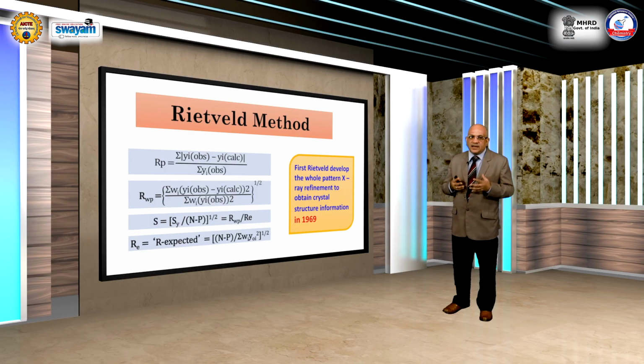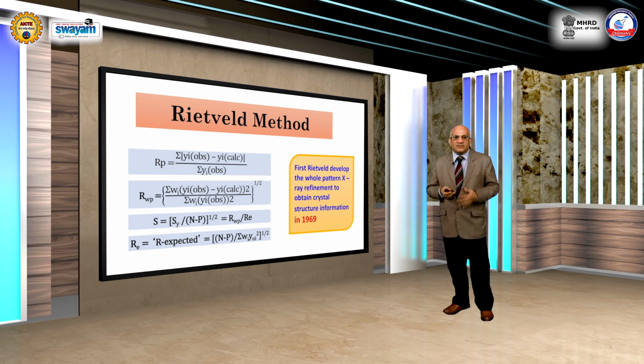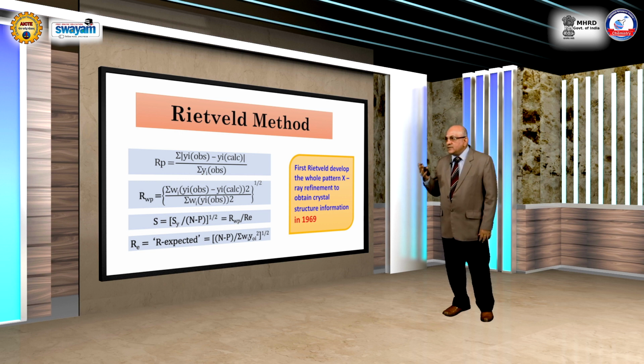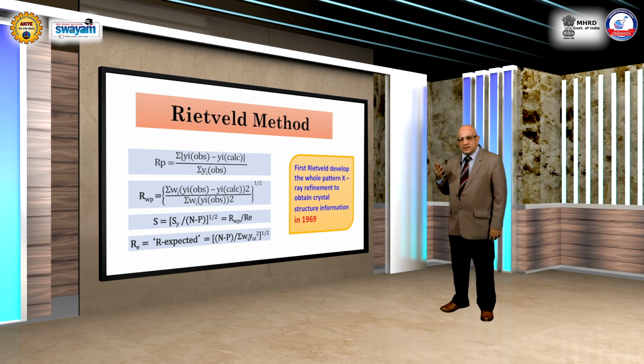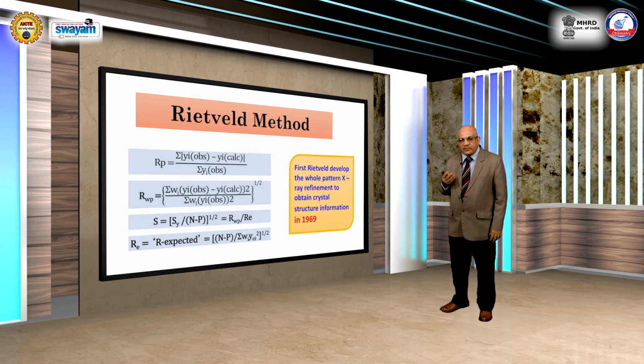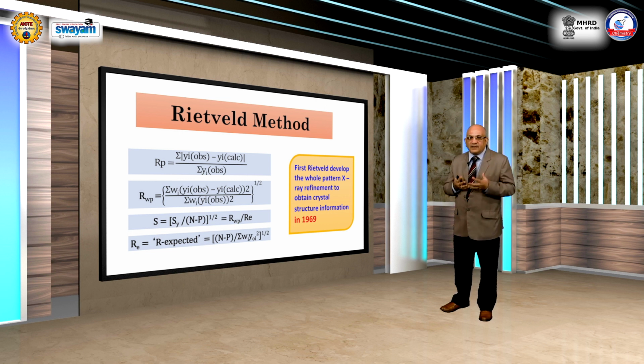Basically, you are trying to fit your pattern to a model pattern, and you come out with a number, the R value, or the reliability factor, which should be as low as possible. There is a reliability factor called RP, and the weighted reliability factor called RWP, and these have to be minimized; the lower the number, the better is your fit of the real data to the model data.